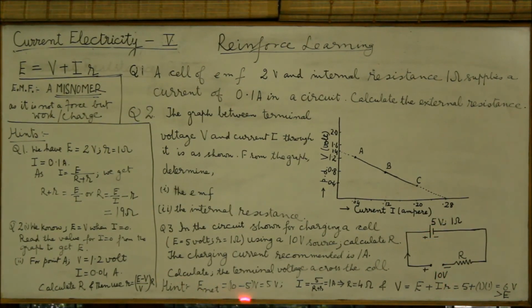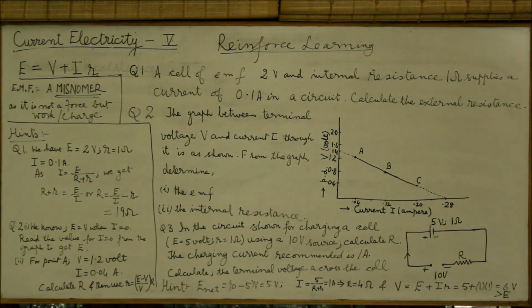So that gives you E net equal to 5 volts. The internal resistance is 1 ohm and external is R. So I is equal to 5 over R plus r equal to 1 ampere. That is the recommended current. So using this relation, you can calculate capital R as 4 ohm.